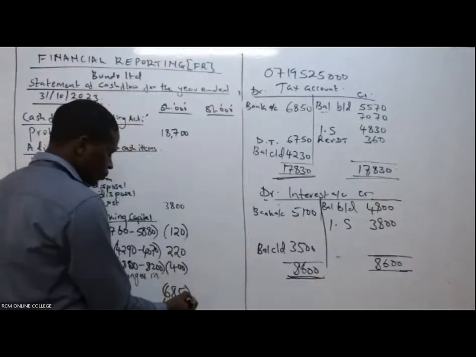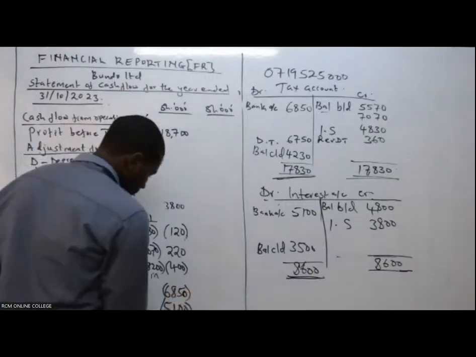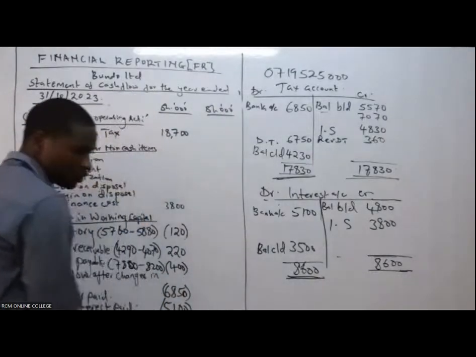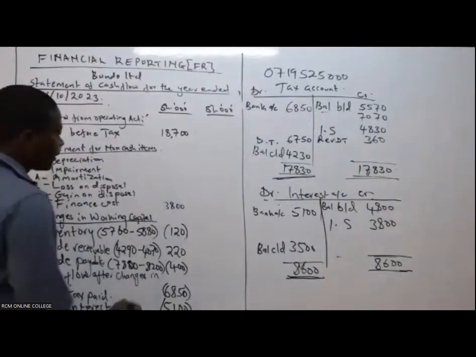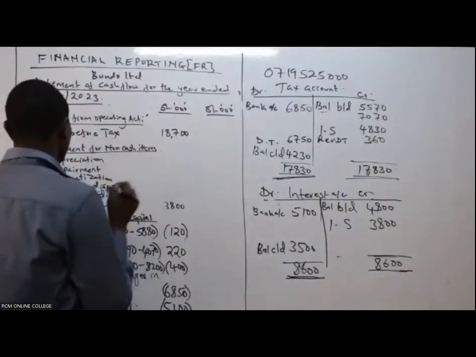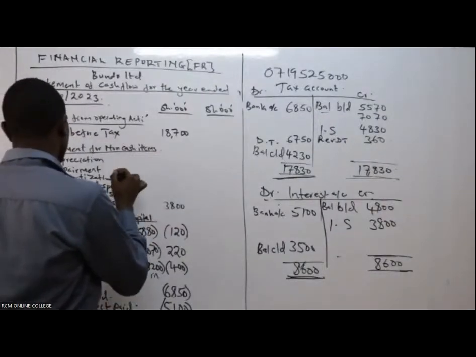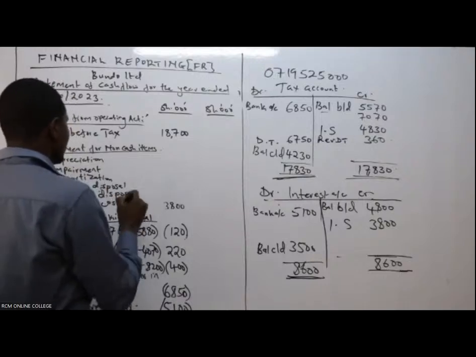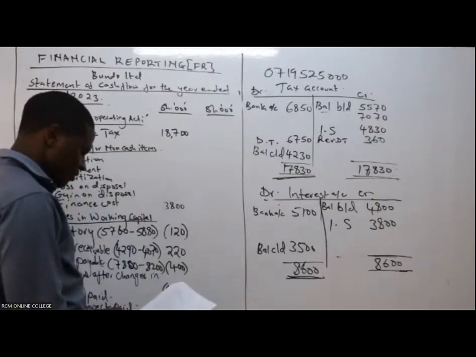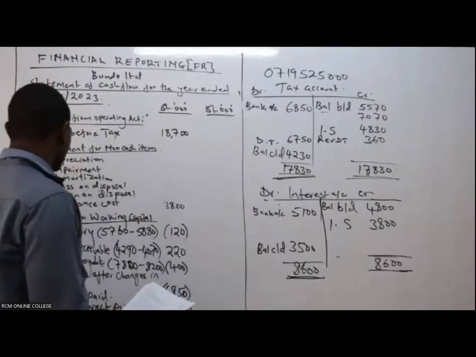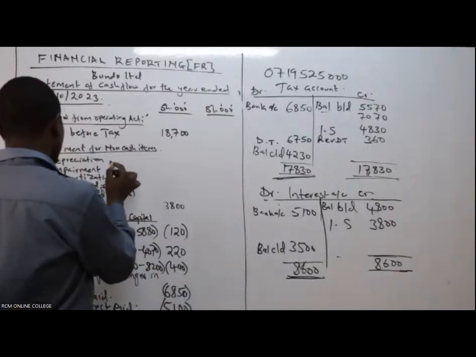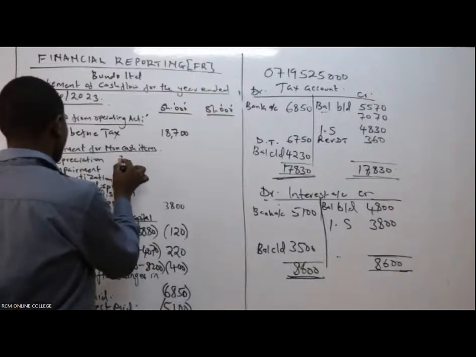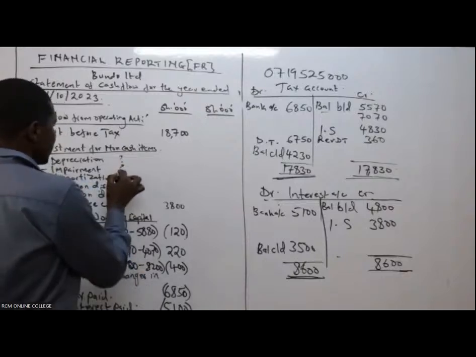Now class, I want to give you some task. Please go, in our question we have PPE. We don't have very many things, but we have PPE. Under PPE we can get depreciation, and then we had an intangible asset where we can get impairment.